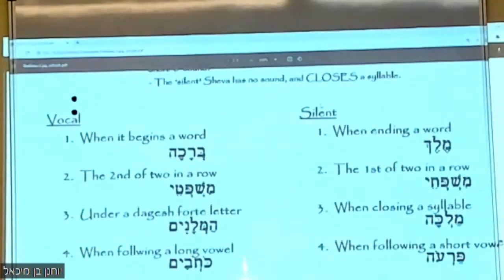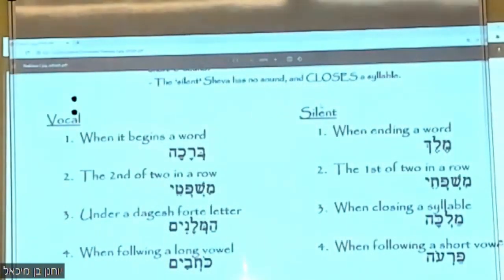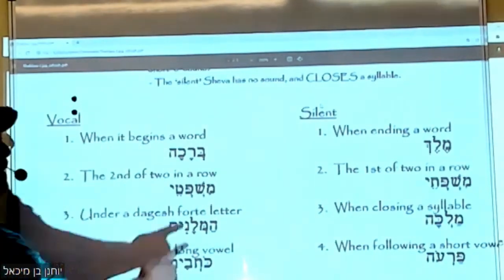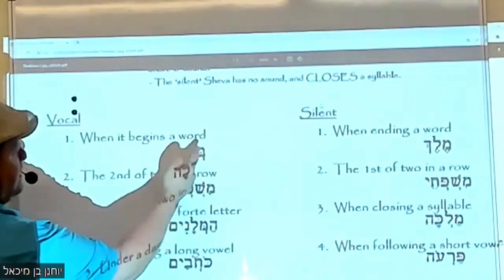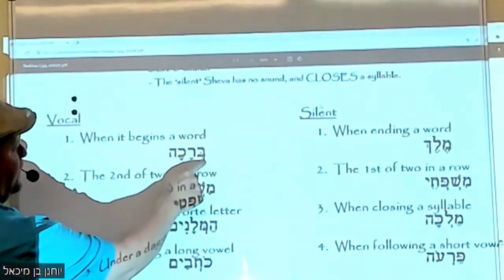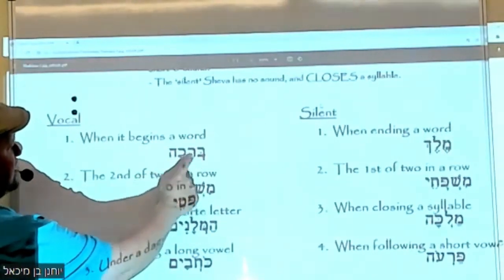So what's the first rule of a vocal shva? How do we know that it's a vocal shva? What's rule number 1? When it begins a word. So in this case, we have a bet, which has a vocal shva underneath it. And it's because we're beginning a word, right? So then we have a bet with a vocal shva, so be. Then we have a resh with kamatz, ra.